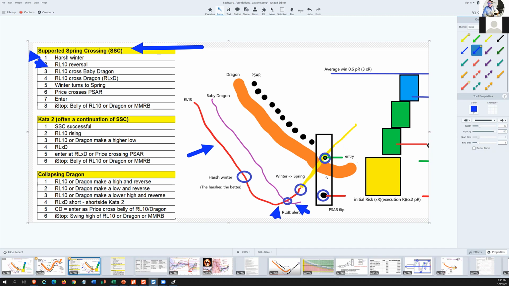I'm just reading right off the list. The RLXD, winter, somewhere in here, the winter will turn to spring. Sometimes you'll get it. The sequence on these is not as important as the fact that it's all happening, right? You'll get price crossing the PSAR sometimes.